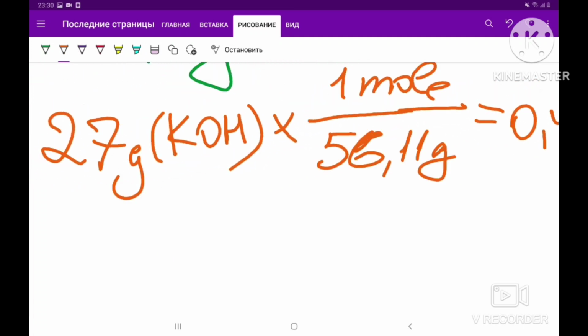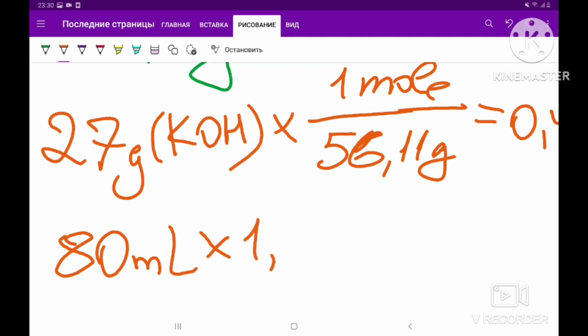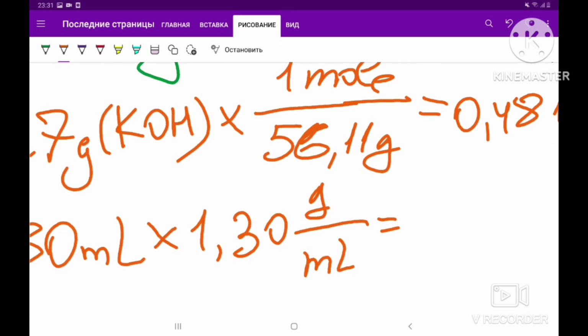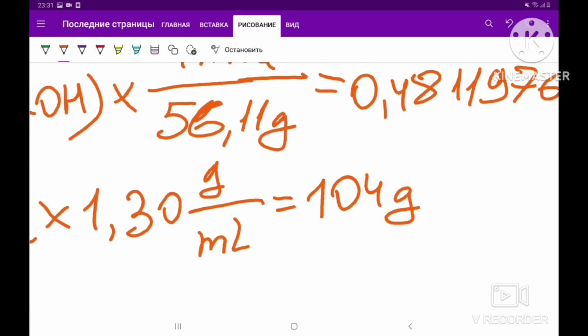Let's find the volume. The next step, the volume of 80 milliliters. Let's multiply 80 milliliters by its density to find the mass of solution. So we have volume, we have mass.